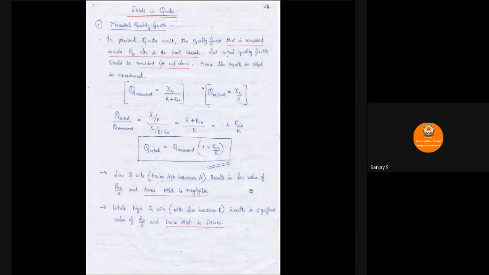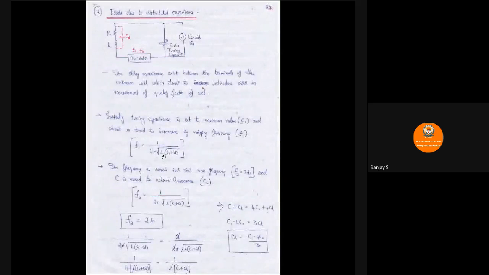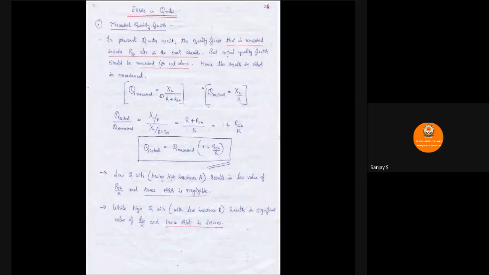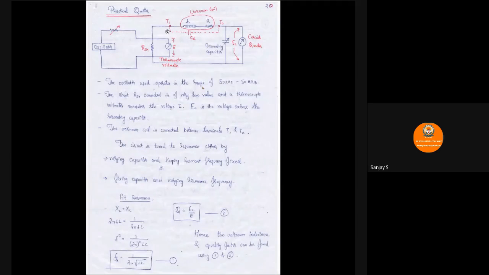So coming to the errors in Q meter, the first one is error due to measured quality factor, and error due to distributed capacitance is the second one. So let us see these two errors. Coming to the measured quality factor, if you see the practical Q meter, the unknown coil is connected in a tank circuit having R and L in series.